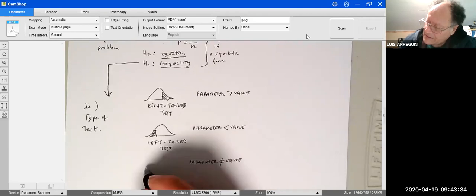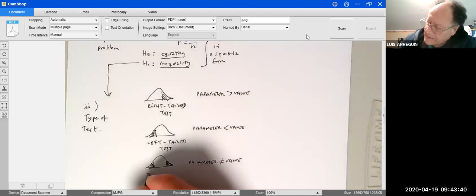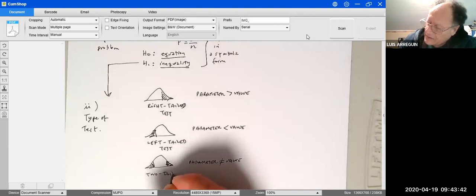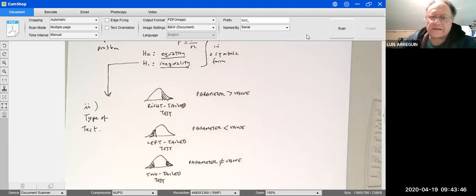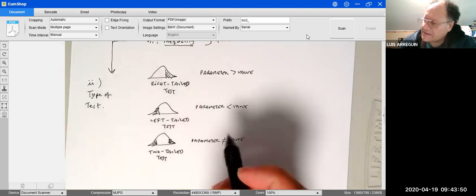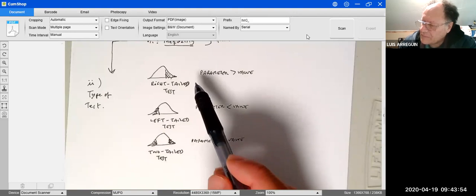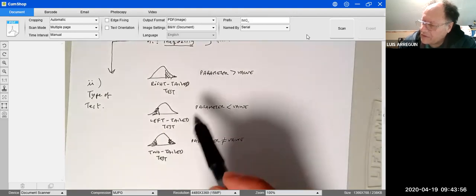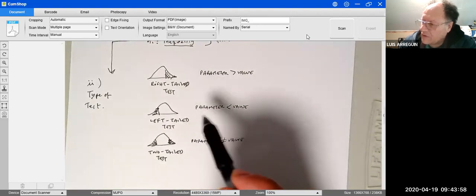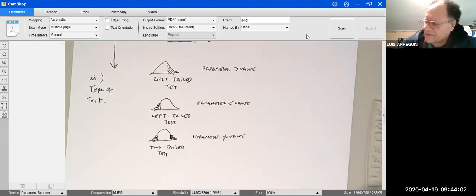In that case, you're going to deal with what we call a two-tail test. So that's the second step. We want to know what kind of test we're going to perform. These guidelines that I'm giving you are going to be useful also for chapter 11 and also to understand chapter 14.